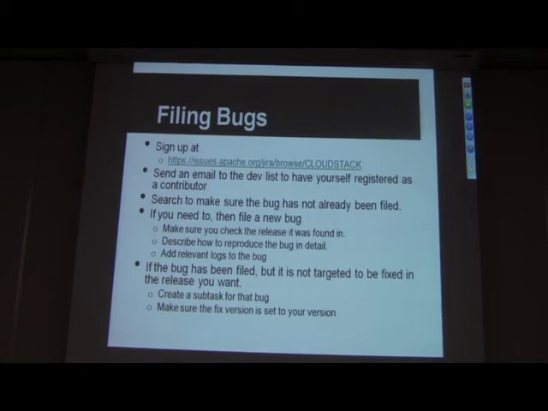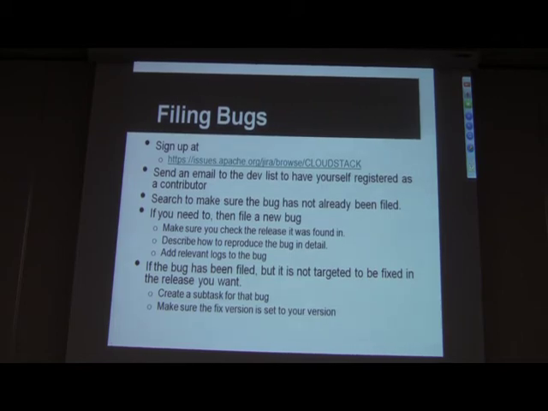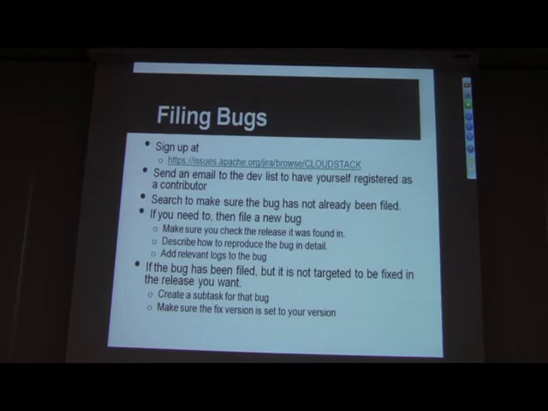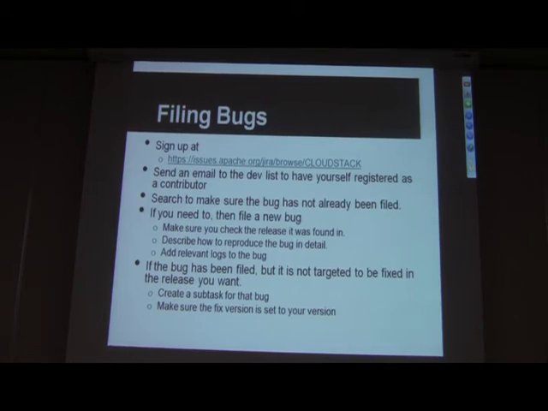The reason is that issues.apache.org is actually for the entire Apache community. In order for you to register bugs and assign bugs to yourself, you have to tell us that even though you signed up for Apache, you actually want to specifically work on CloudStack, and we will make you into a contributor.